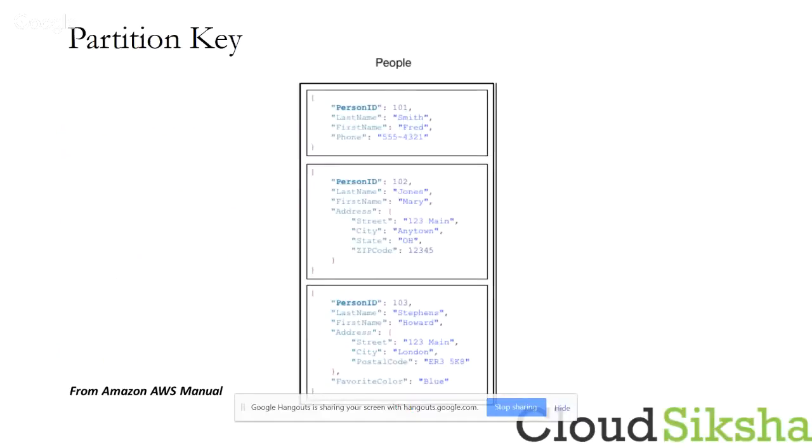Now, why is this partition key used? This partition key is used to store your item in a certain place in the disk.